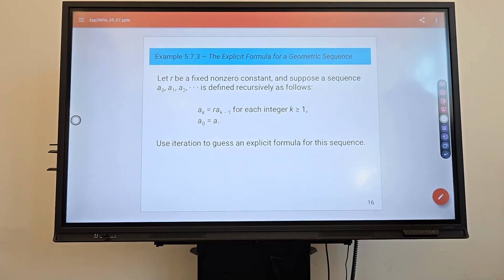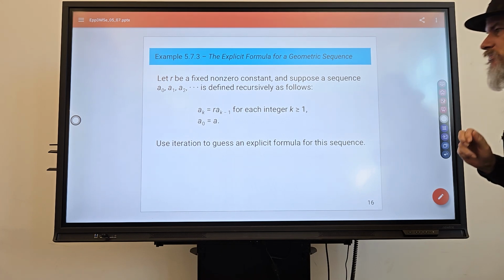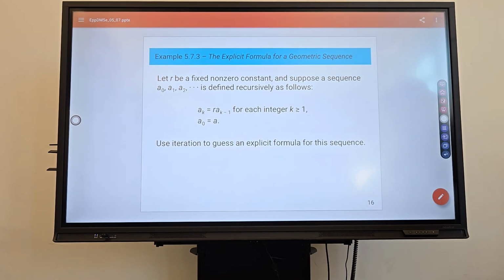Another example, let r be a fixed non-zero constant, and suppose the sequence a is defined recursively as follows. a sub k equals r times a sub k minus 1 for each integer k greater than or equal to 1, and a sub 0 equals a. Use iteration to guess an explicit formula for this sequence.